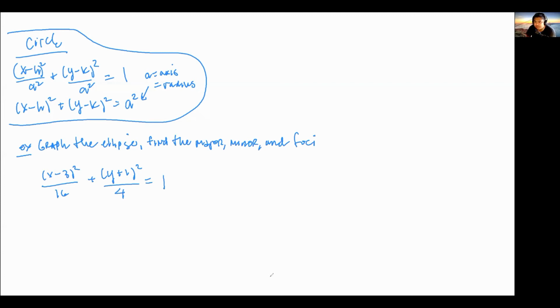Immediately, this tells you what type of ellipse this is. The bigger number is under the x, which tells us this is a horizontal ellipse.